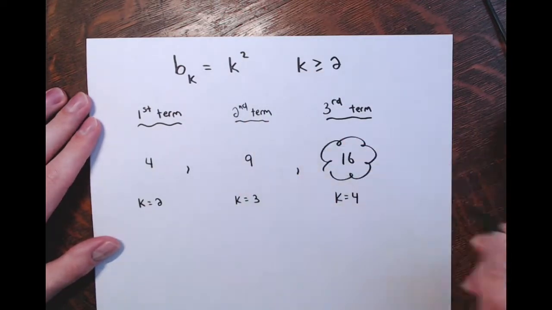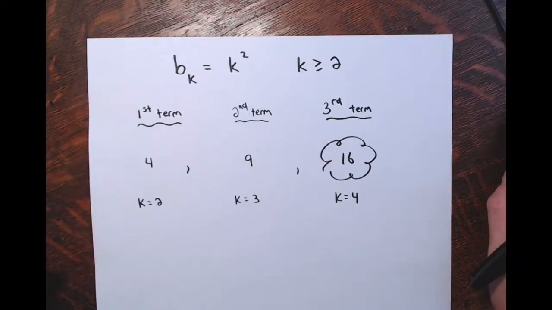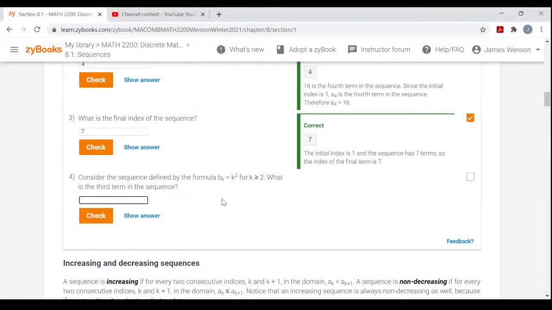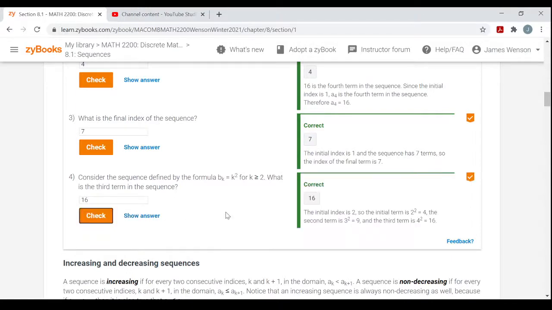There's what they're asking for, right? The third term, the third output. So 16. Right? So be careful with the numbers there. Know what index the sequence is starting at, so then you can figure out the first term, second term, third term, fourth term, the consecutive outputs in order.